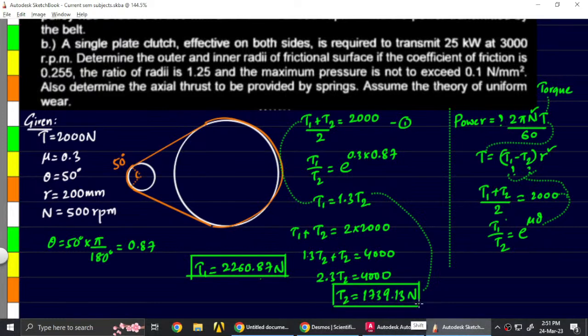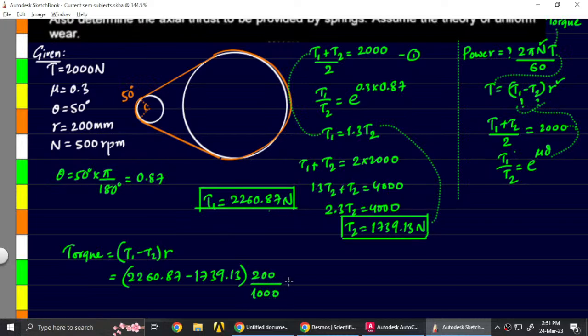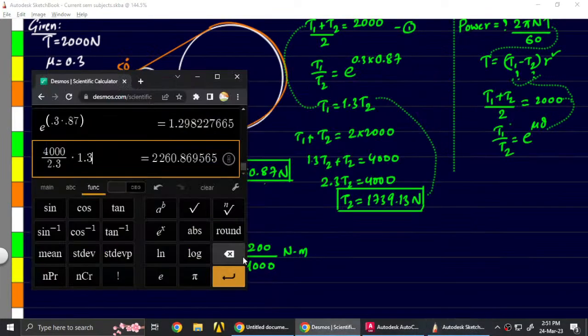Now that we know the values of T1 and T2, we can use the torque formula. So torque will be T1 minus T2 multiplied with the radius. So 2260.87 minus 1739.13, multiplied with the radius, that is 200, but this is given in mm, so we'll have to divide it by 1000 so that we get the final answer in Newton meters.